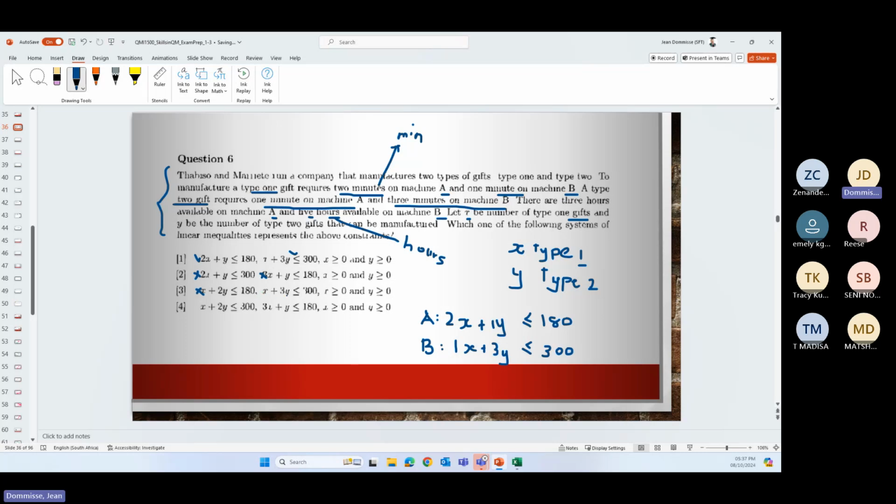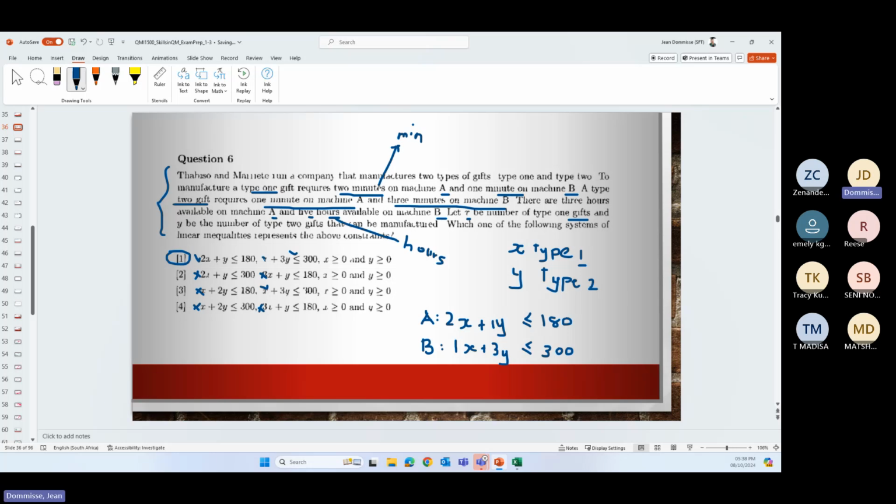X plus 3y smaller or equal to, so that was right, but that one was wrong. X plus 2y, okay, so that one is wrong. 3x plus y, so that one is also wrong. So we could then get to option 1 with 2x plus y smaller or equal to 180 and 1x.